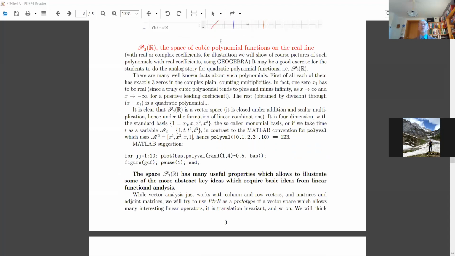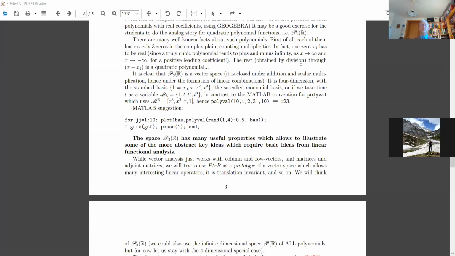But you can plot them, and cubic polynomials look better than quadratic polynomials only. So let's look at the space of cubic polynomials. And for exercise, I think you can try to repeat with your own ideas and with MATLAB and GeoGebra the same thing for quadratic polynomials, where things are a little bit easier.